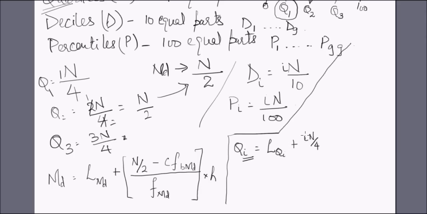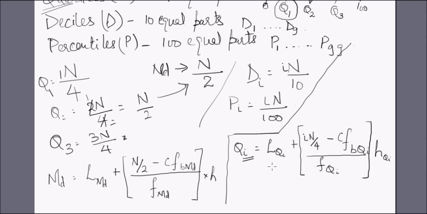So it will be i n by 4 minus cumulative frequency before the quartileth class Qi, divided by frequency of the quartile class, multiplied by the width of the quartile class. Let me write it as h.